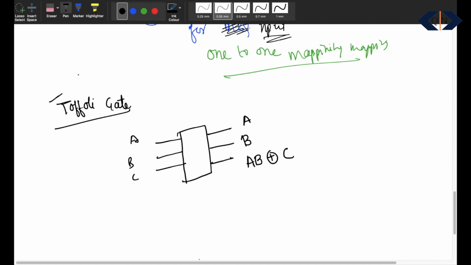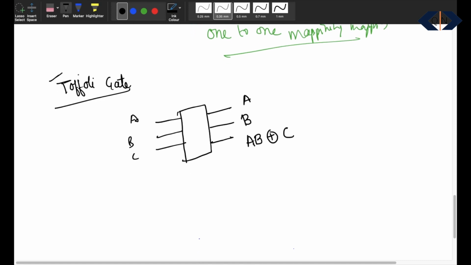I have heard many people saying Toffoli, Franklin and other gates. So it is not a complicated thing, don't worry about this much. If Bill Gates created some gate, then it will be Bill Gate. So if I created one gate, I can write it as Neel Gate. It works like that.